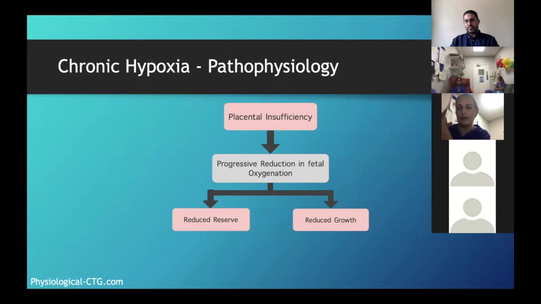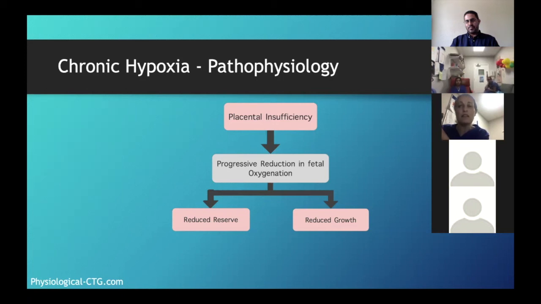So what is the other tool that we have, not from the dinosaur time, like the stress test, that can give us a little bit more information than the plain CTG? The Dawes-Redman criteria. Last week we had a term baby that didn't meet Dawes-Redman.